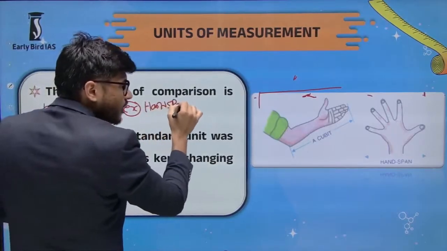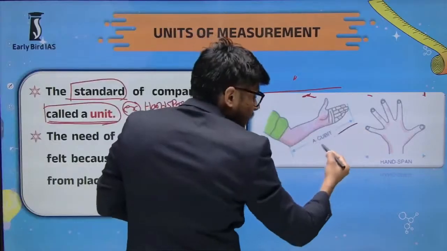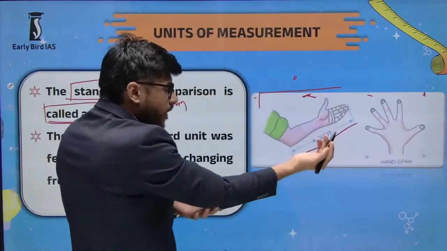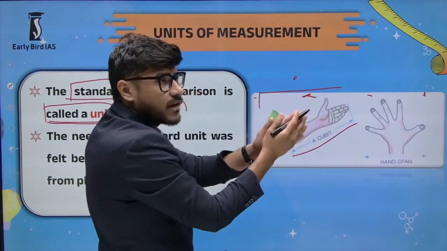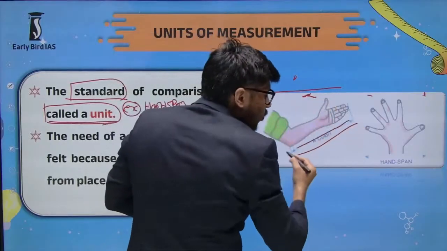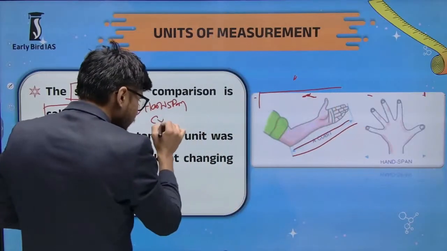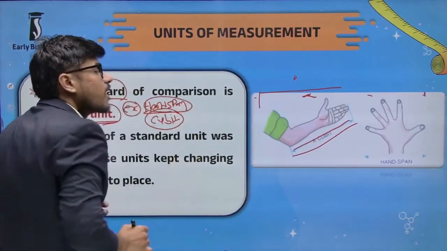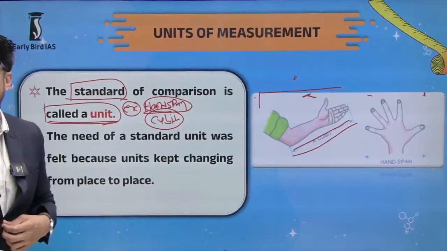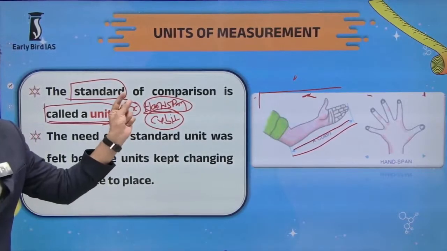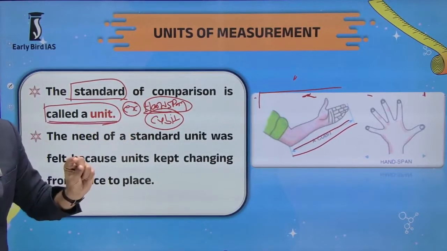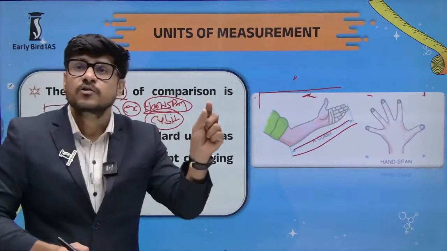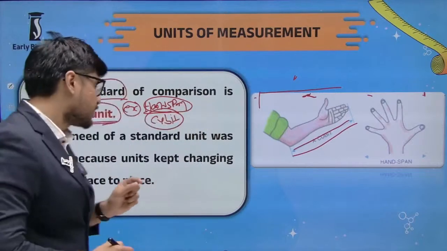Then from my elbow to the fingertip, this length is called a cubit. So these are the standards which are called units, because from this unit you can compare things.